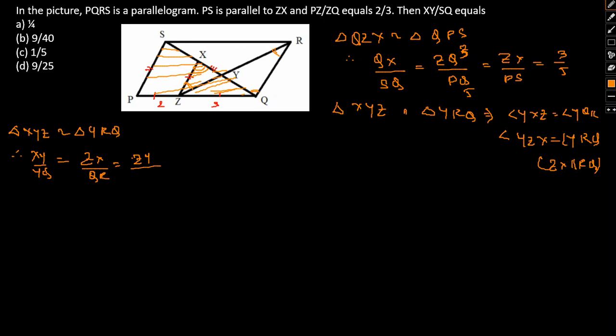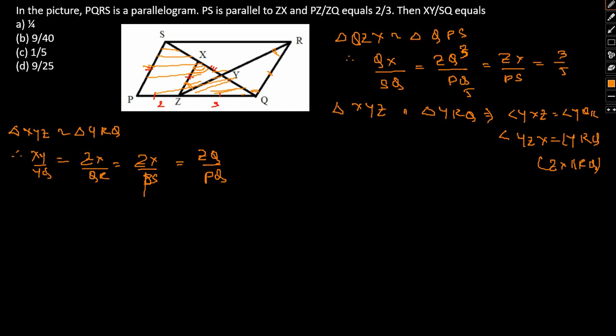We can write ZX by PS. Since this is a parallelogram, PS should be equal to QR. So we can write ZX by PS equal to ZQ by PQ. I hope this much is clear.